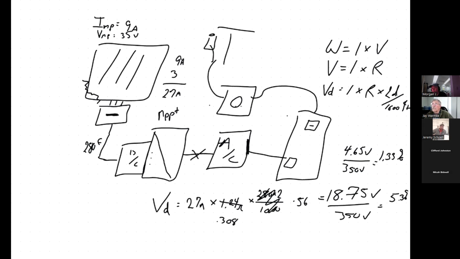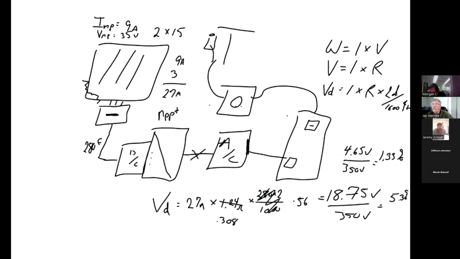Maybe a better option would have been, let's look at the voltage. Instead of having 3 strings of 10, what if we do 2 strings of 15? Are we going to exceed our 600 volt? Well, we'll have to do some other calculations, but 35 times 15 looks like it's going to be well under.